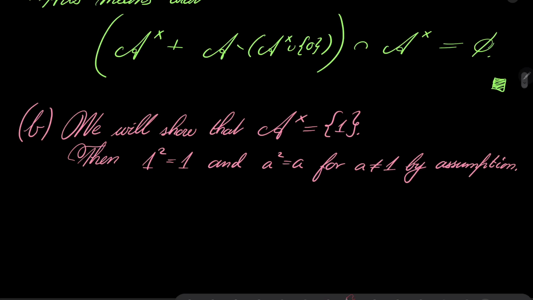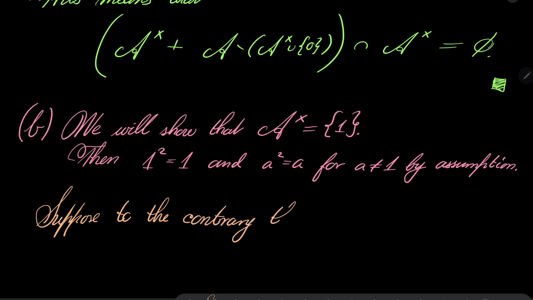Again, let's suppose to the contrary that there is some unit which is invertible, but it is not equal to 1.